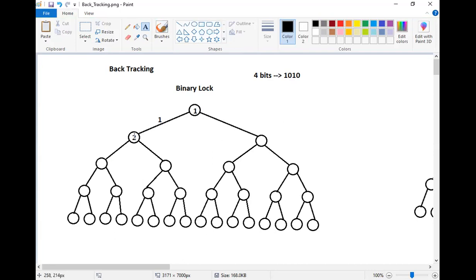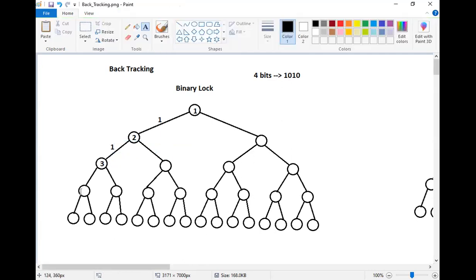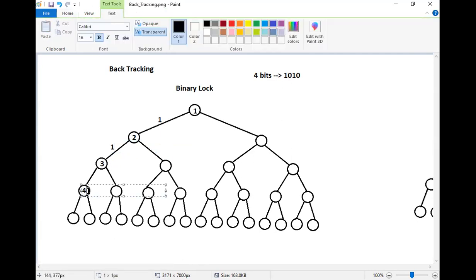Then from 2, I will travel to the next node, that is 3, and here I will assume the value 1 again. This means the second bit in this 4-bit value. Then from 3 to 4, I can travel, and again the path I have chosen is the value 1.